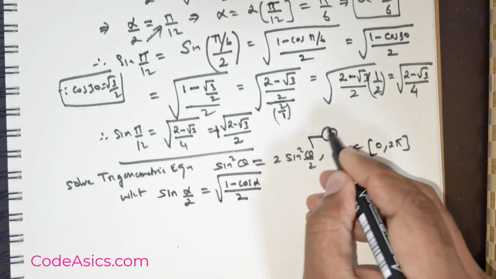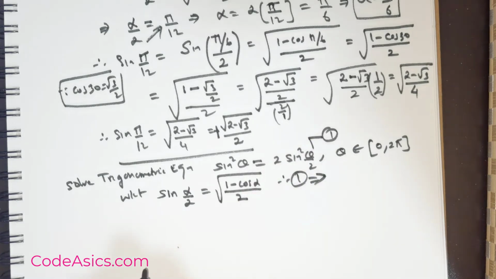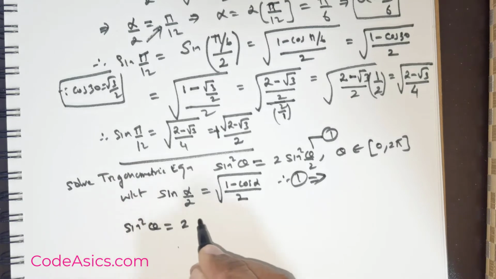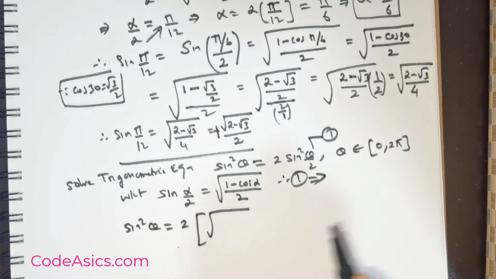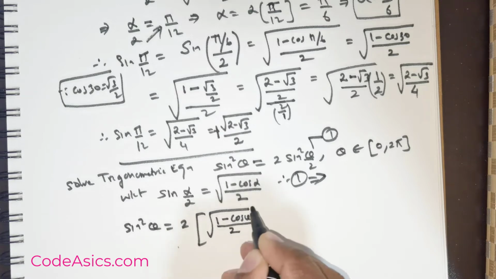If I take this as 1, I can rewrite sine squared theta is equal to 2 times root of 1 negative cos theta divided by 2, raised to the power of 2.